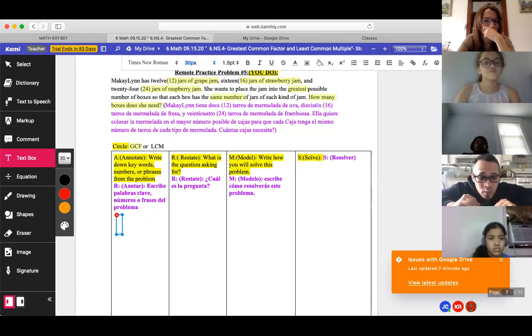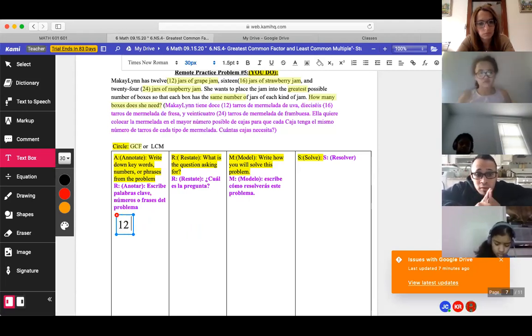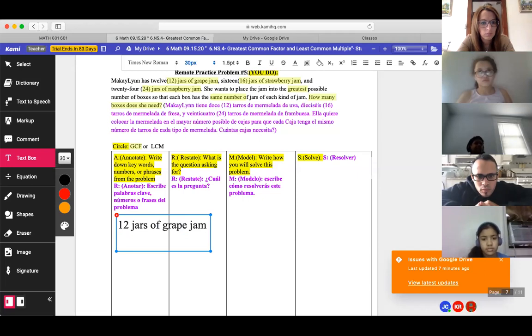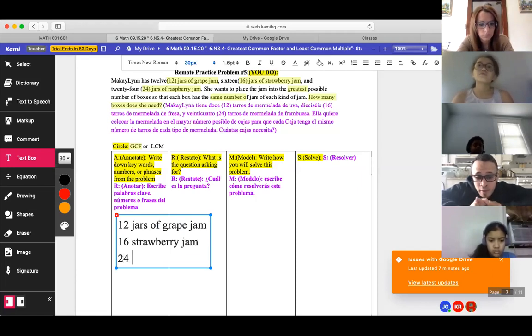Okay, so we already know we labeled what? 12 jars of grape, 16 strawberry, okay, GCF, greatest common factor, 24 raspberry. Now, Joel, what am I missing?